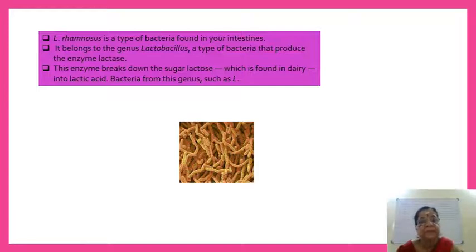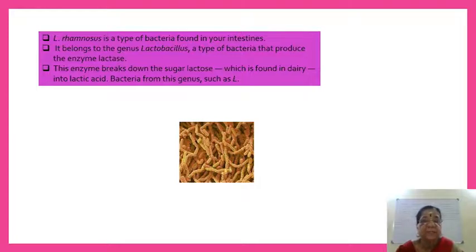Actually அது வந்து மில்க் கன்வெர்ட் பண்றது இல்லையா, அந்த மாதிரி மில்க்ல அப்புறம் வந்து சுகர்ல உள்ளது எல்லாத்தையும் it is breaking down, right? So Lactobacillus rhamnosus, it belongs to the genus Lactobacillus, which is a type of bacteria that produce the enzyme lactase.